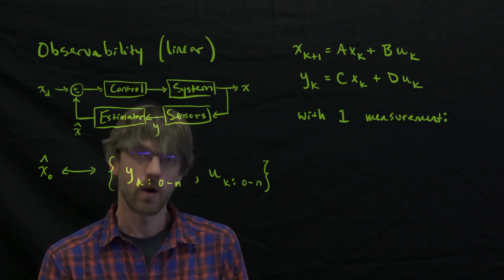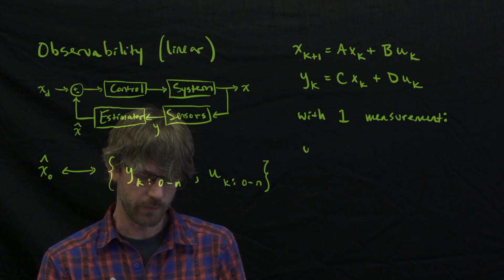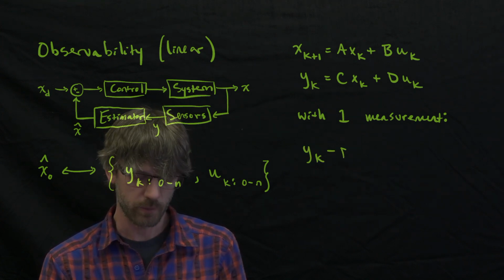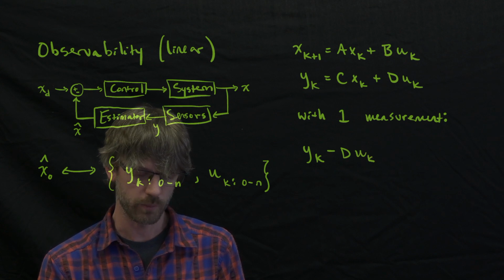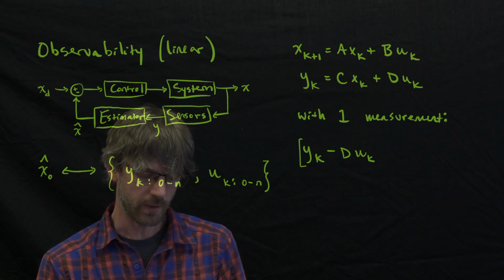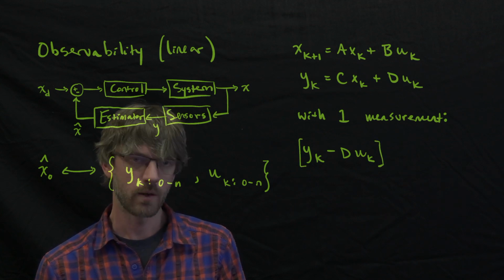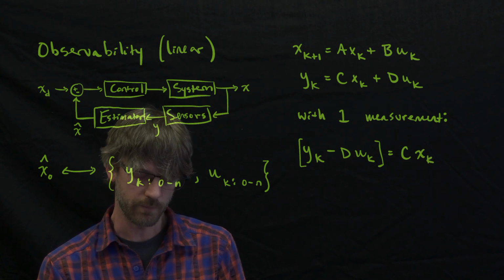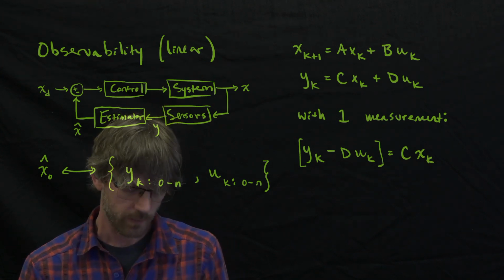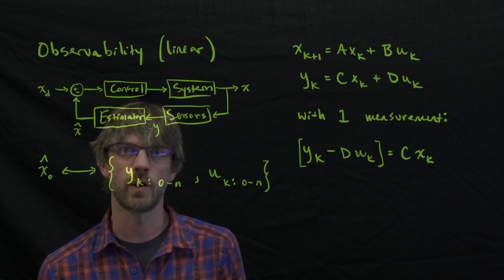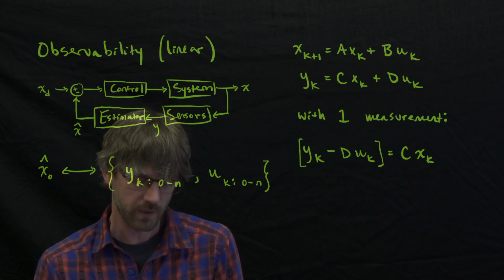If we could take our measurements that we have available, y k, and we could subtract D u k, because we are assuming that we do know our control inputs, and we do have some model for our system. Then that is equal to C x k, but we're interested in x k, so all we have to do is left multiply both sides by the inverse of C, if it exists.